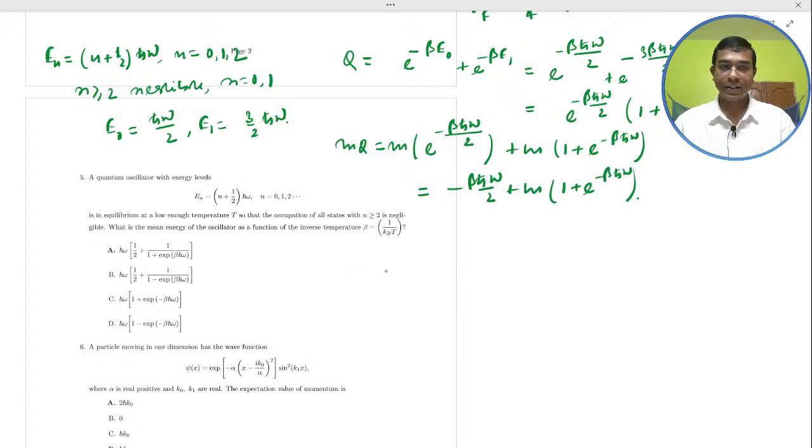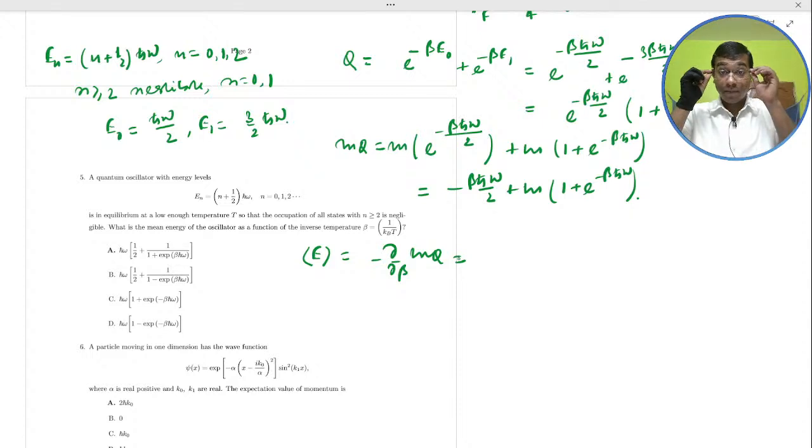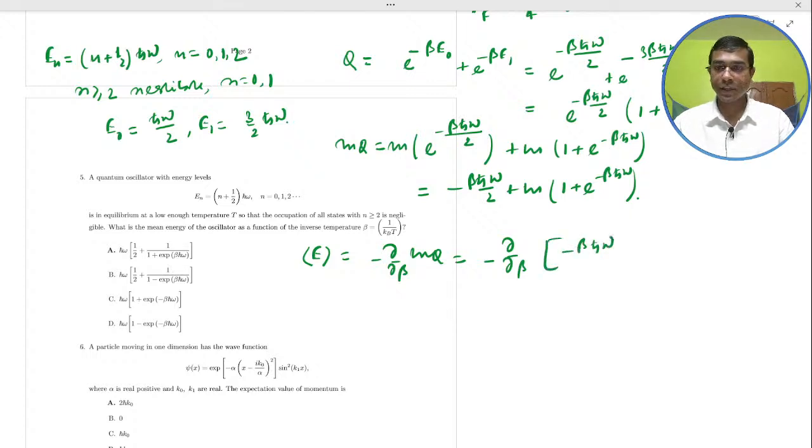For the average energy, E average is nothing but minus del beta of ln Q. This is the mathematical definition. So minus del beta of, put this value of ln Q, minus beta h cross omega by 2 plus ln of 1 plus e to the power minus beta h cross omega.